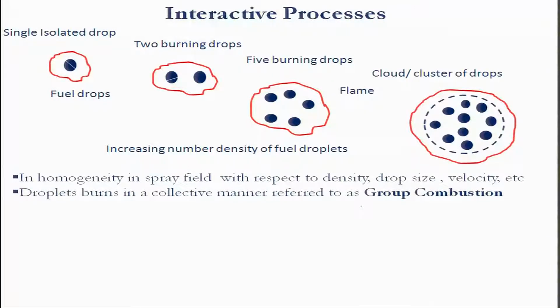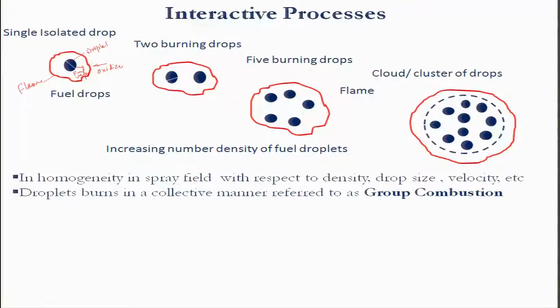One situation is a single isolated droplet, one single droplet. This is your droplet, right. Of course, generally it will be spherical, and as I told, there will be evaporation from the surface of the droplet. This is fuel vapor, and this will be the oxidizer which will be coming, and then this is the flame which is formed.